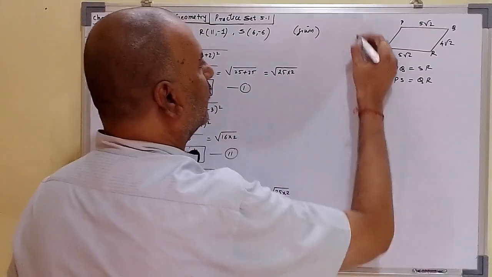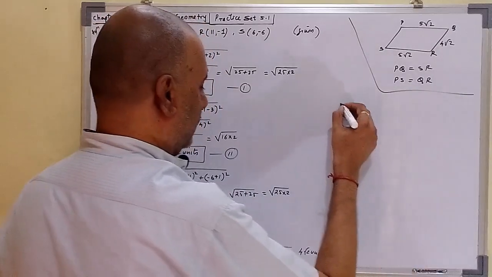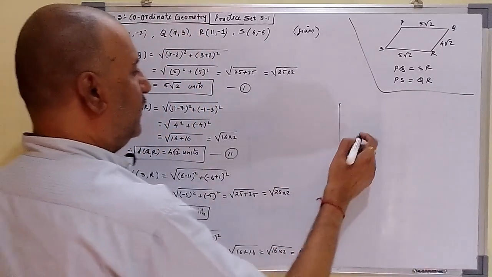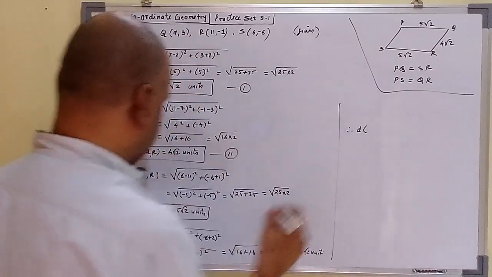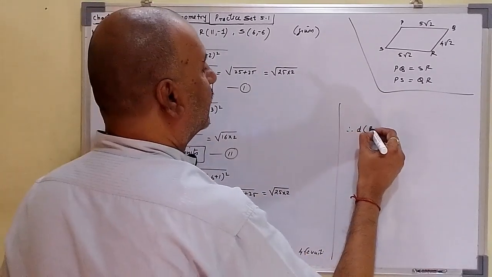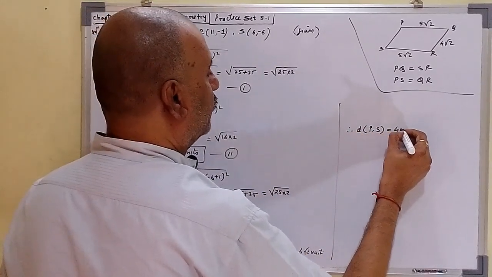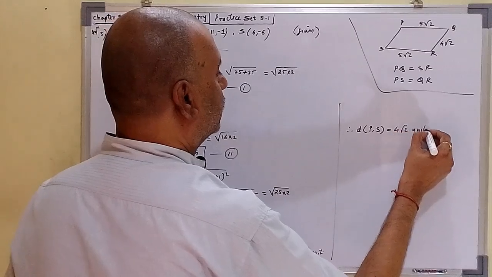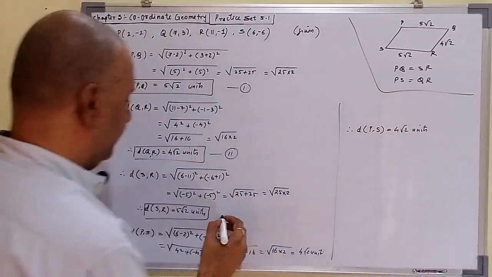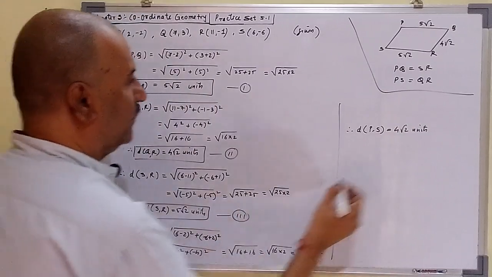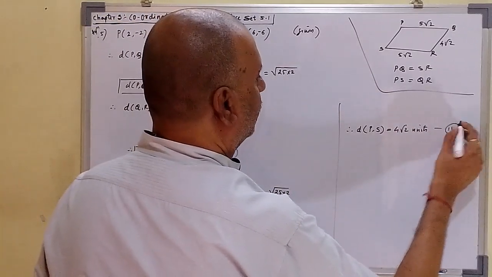From here to here. Therefore, distance PS equal to 4 root 2. This is our third and this is fourth.